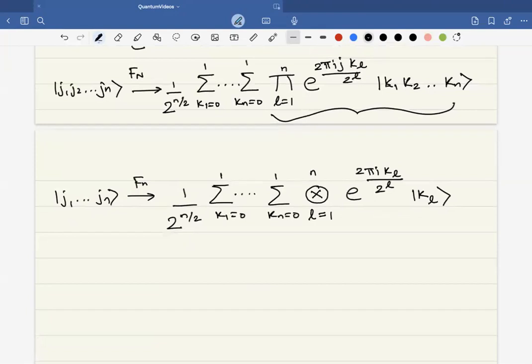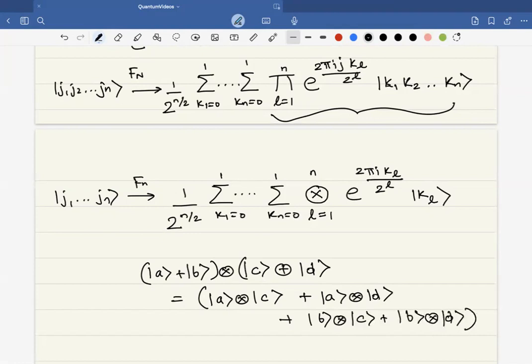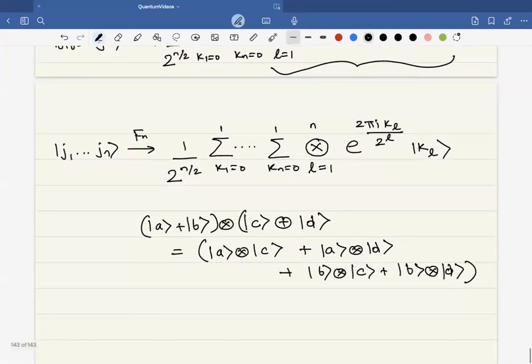So if I have (A + B) tensor (C + D), then I can write this as A tensor C plus A tensor D plus B tensor C plus B tensor D. This is the distributive property of the tensor product.